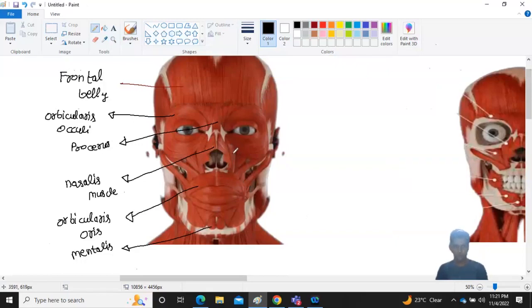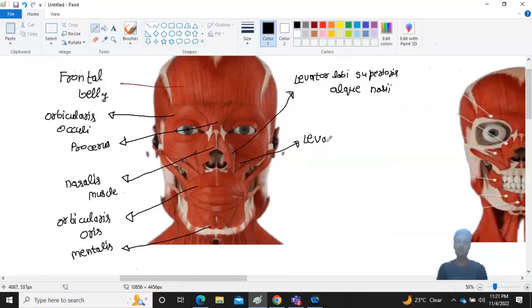So here we mark above: levator labii superioris alaeque nasi. Then this is levator labii superioris.